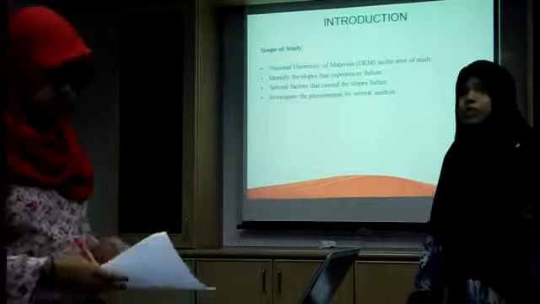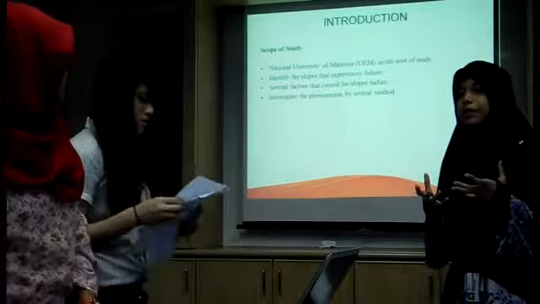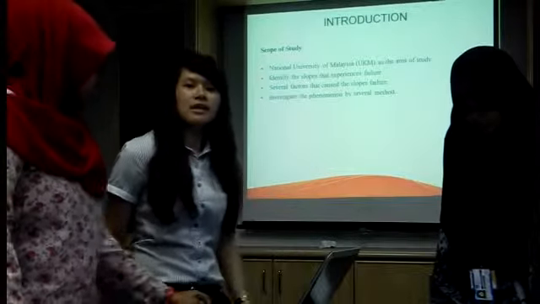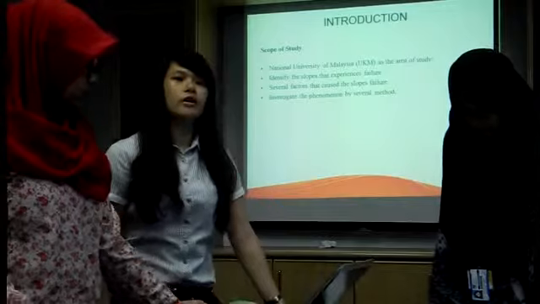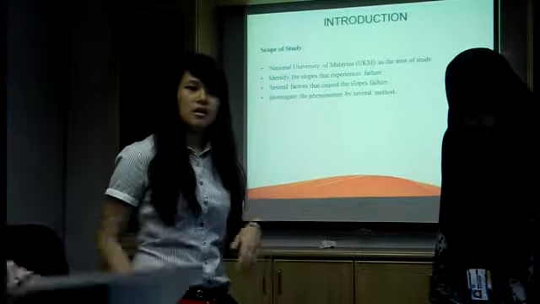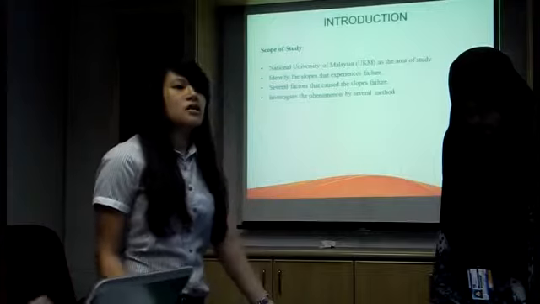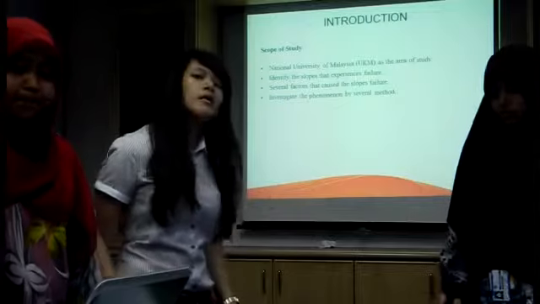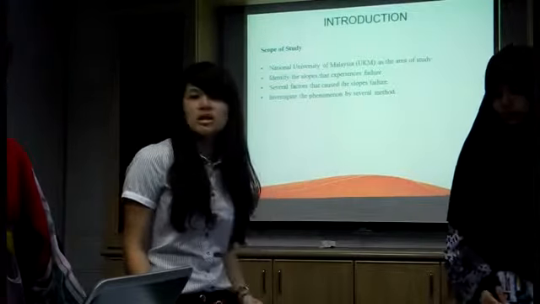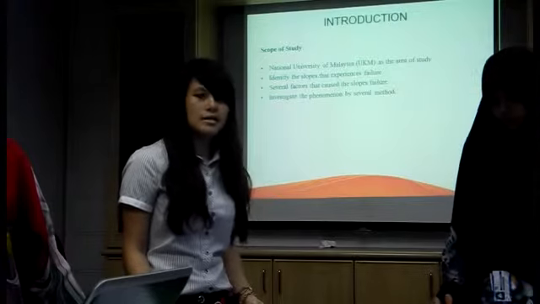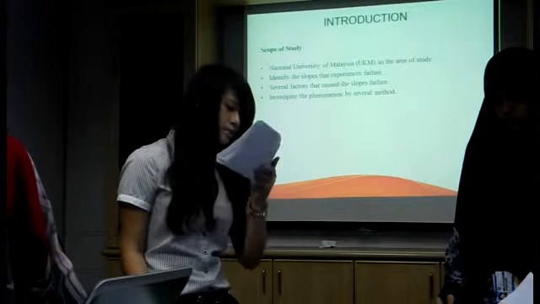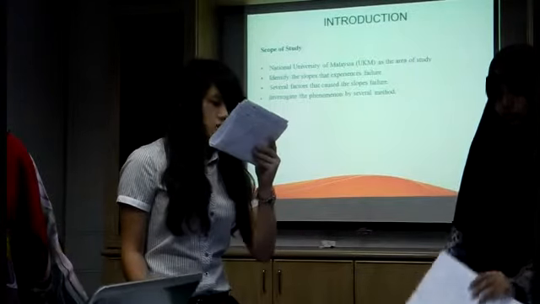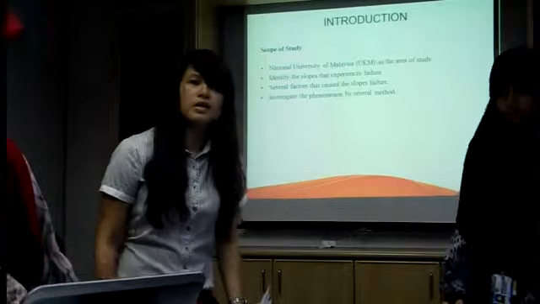Continue with Tanija about the scope of study. What actually do we study about this topic? In UKM Bangi, there is a series of slope failures occurring around the campus. Ibrahim reported that the slope failure in UKM Bangi is related to three important points. One is the weakness of the slope engineering. The second is the accumulation of groundwater excessively for a long period of time.